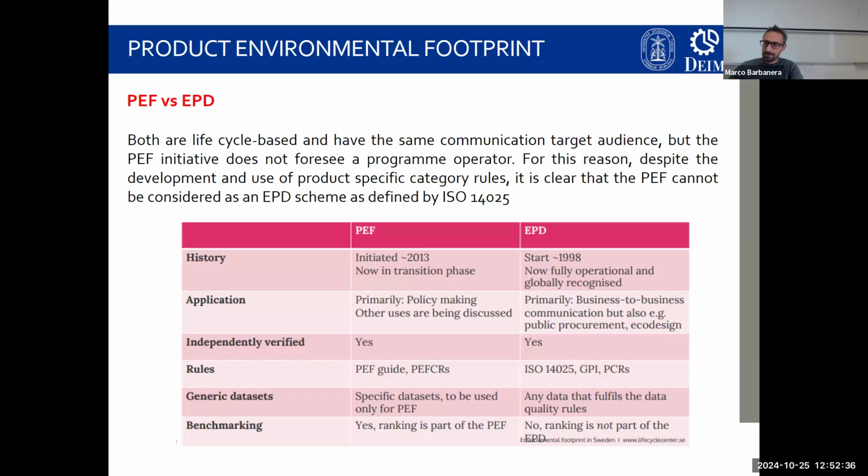But in order to reach this aim, the main problem is to define a specific data set, a specific database for each kind of product category. So in the PEF scheme, for each product category, we also have a specific data set of secondary data to model the inventory of the life cycle of the product.